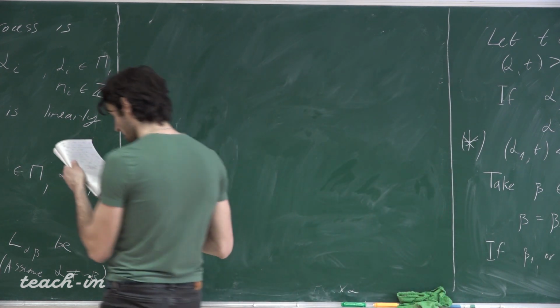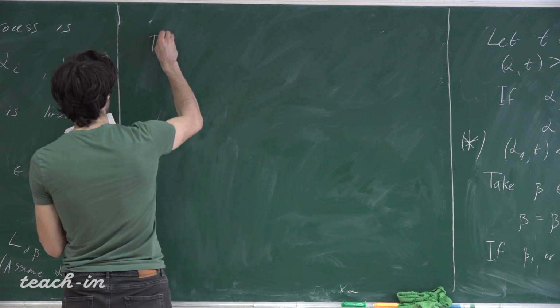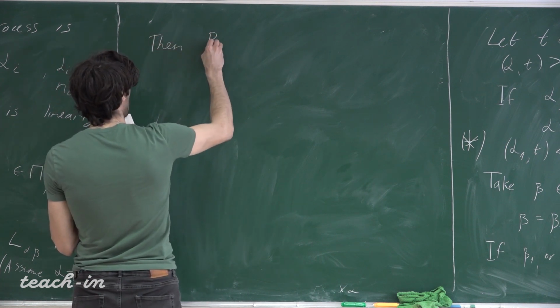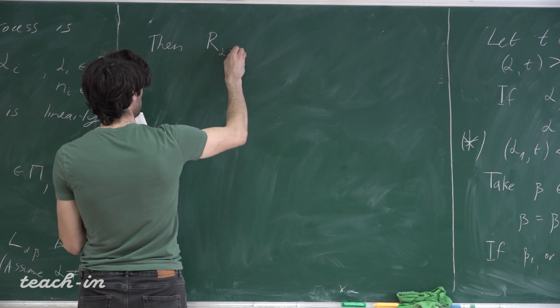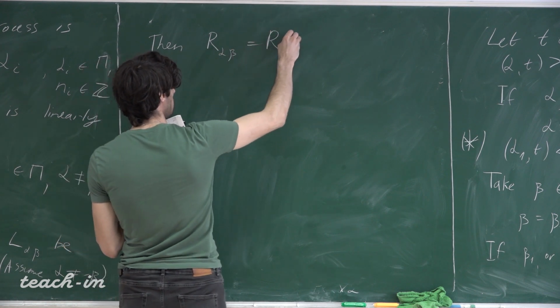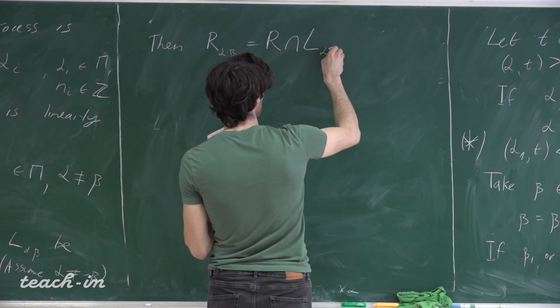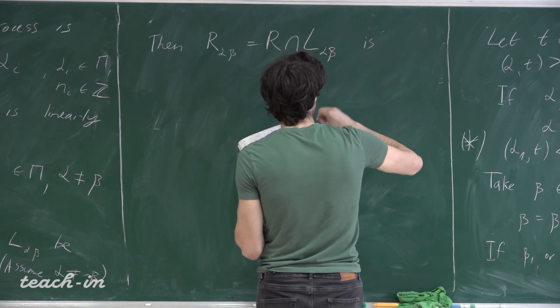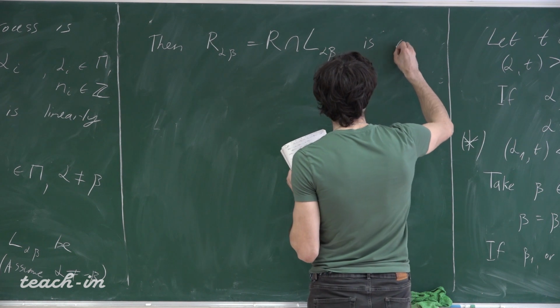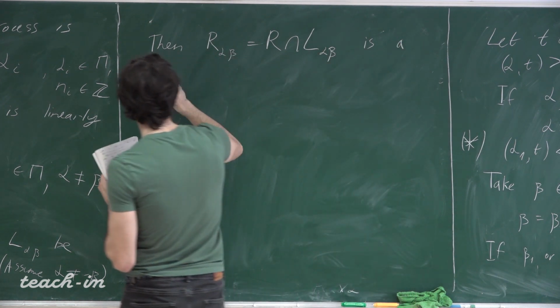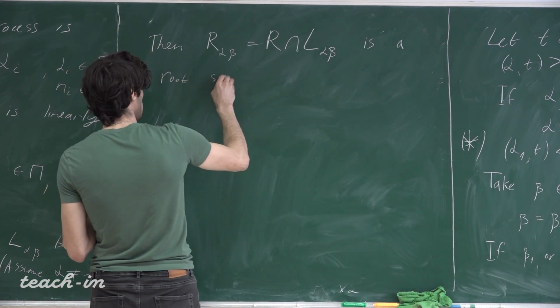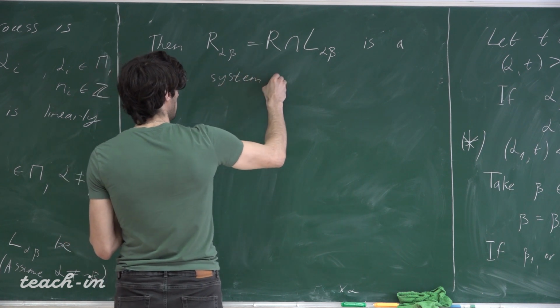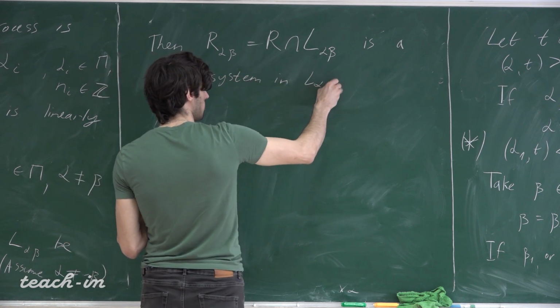So R alpha beta, which is the intersection of R and L alpha beta, is a root system in L alpha beta.